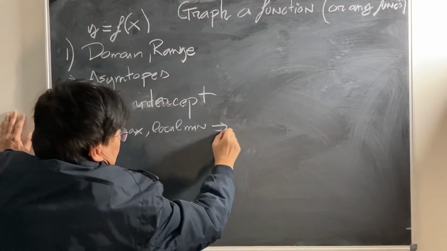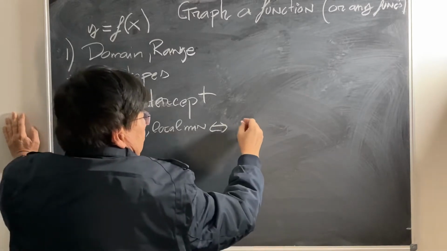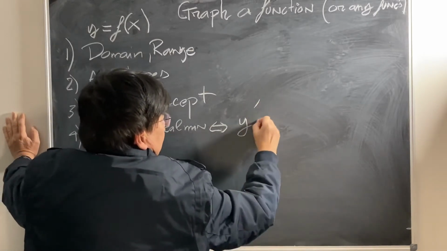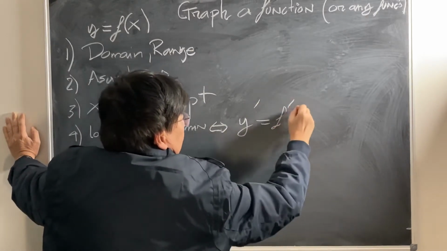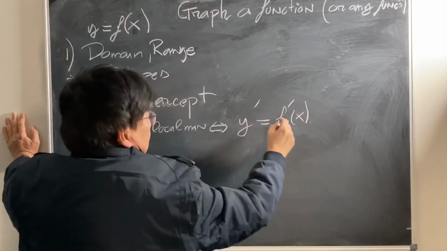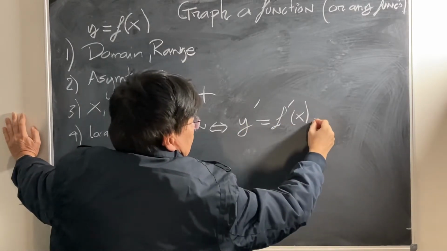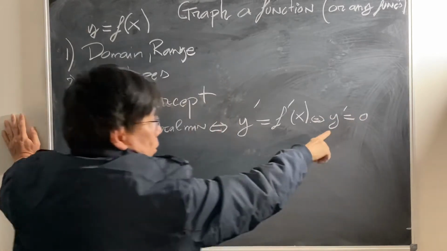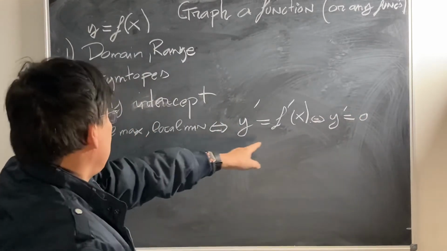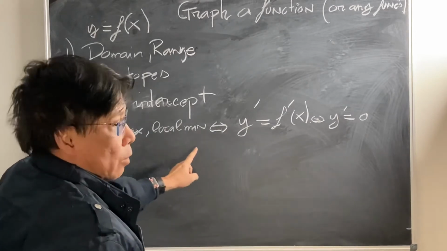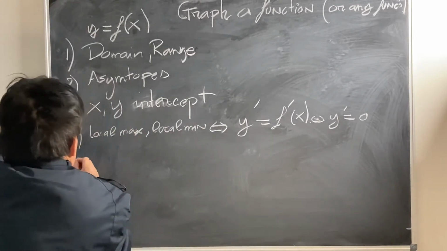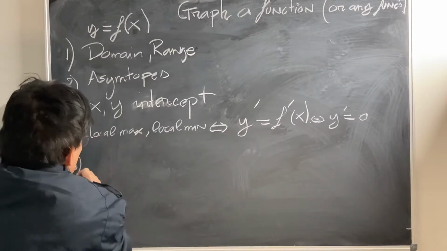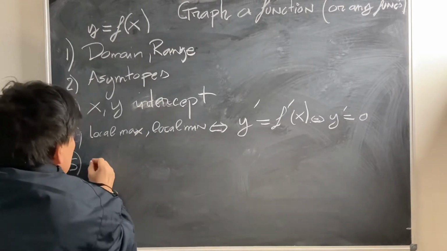This one is equivalent to taking the first derivative, that means you take y prime and set it equal to 0. Then solve for y prime, so solve for x, and you will find local max and local min. And last, find the second derivative.